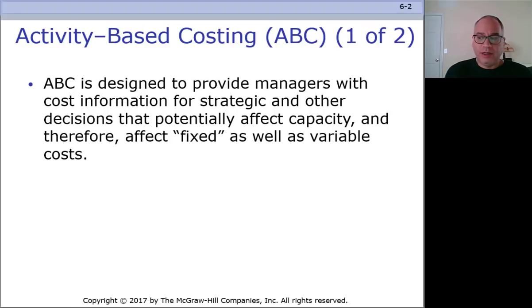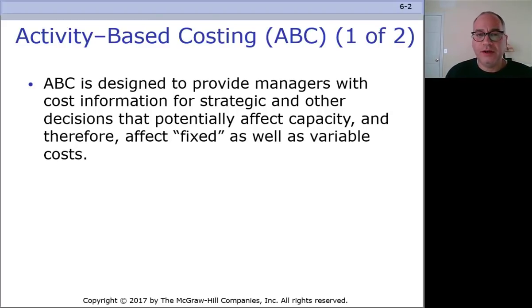And that was a little weird because fixed overhead doesn't change. So it's a little deceptive to think that the more units you produce, the more overhead you have, because fixed overhead doesn't change even if you make more goods. So that was a little tricky, absorption costing. But absorption costing is in fact generally accepted accounting principles.